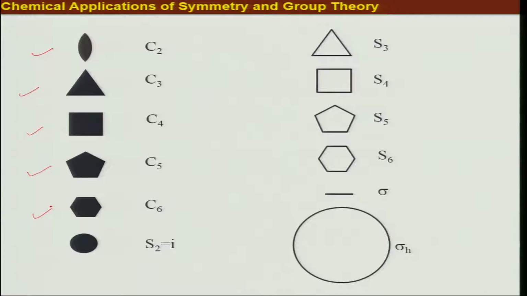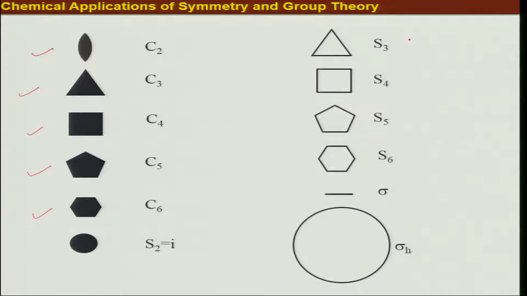So a triangle is for C3, a square is for C4, a pentagon is for C5, and so on. So it's not very difficult to remember. And this particular geometry having 2 points on the 2 sides is the symbol of C2. For an improper axis, what we use is the same symbol, but not solid ones, but hollow.